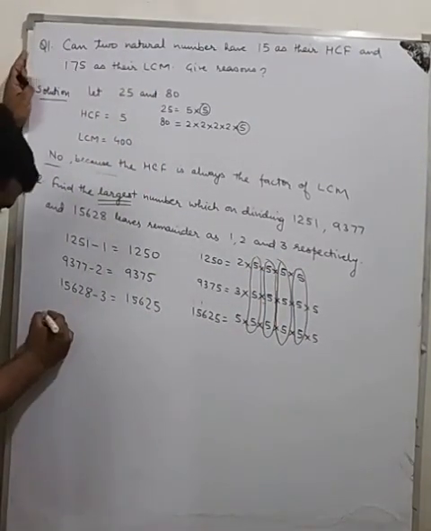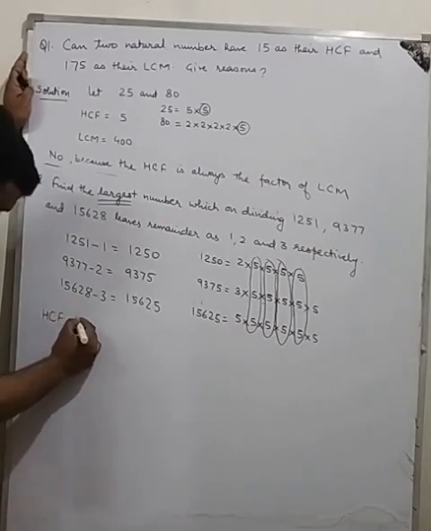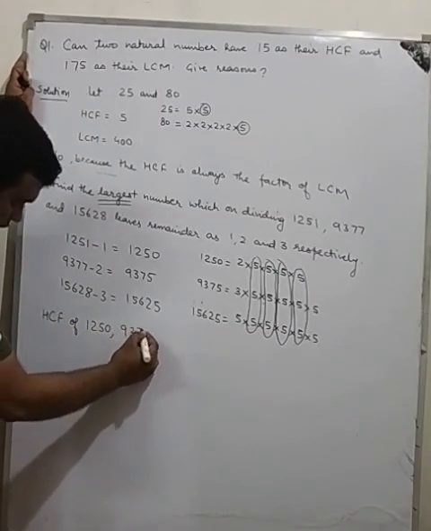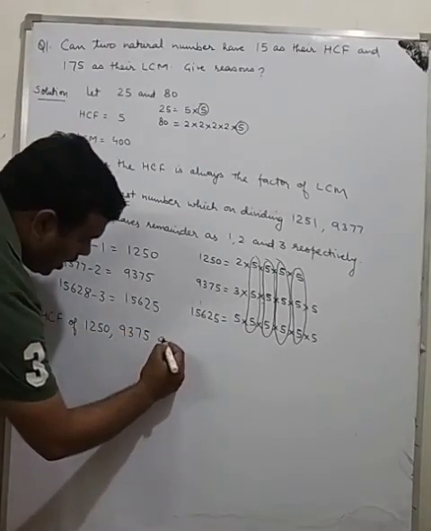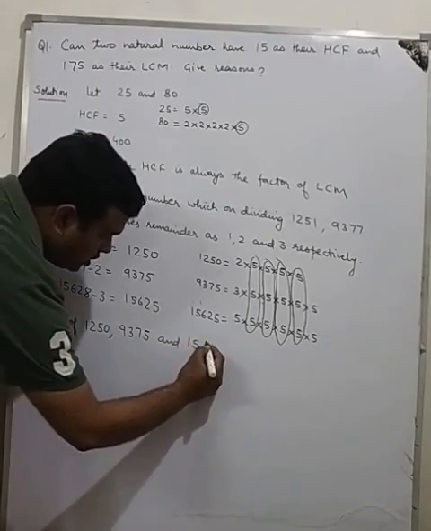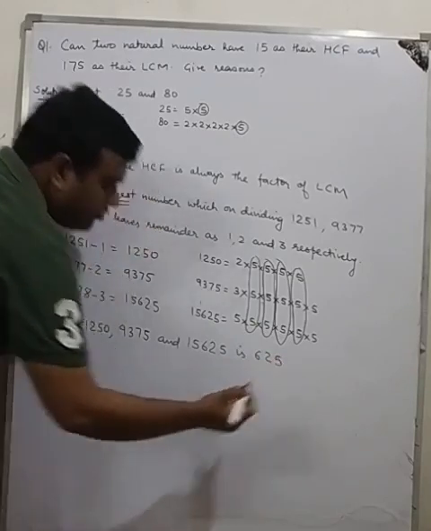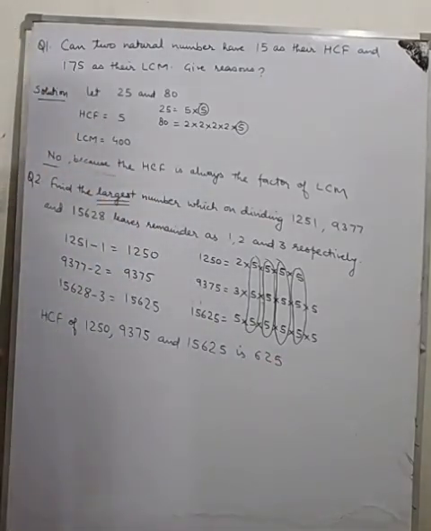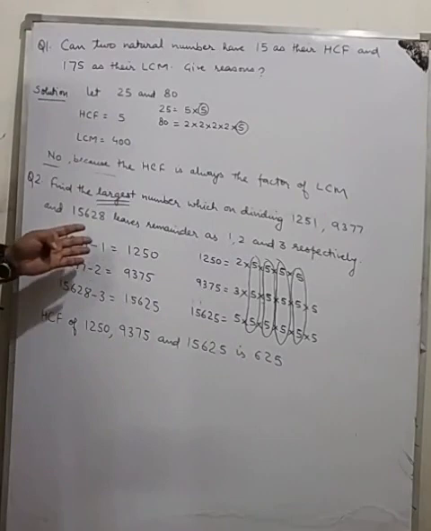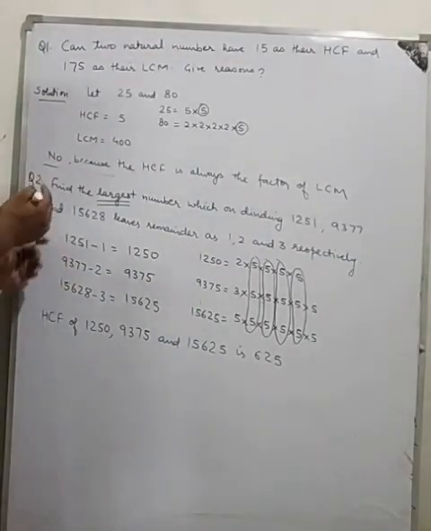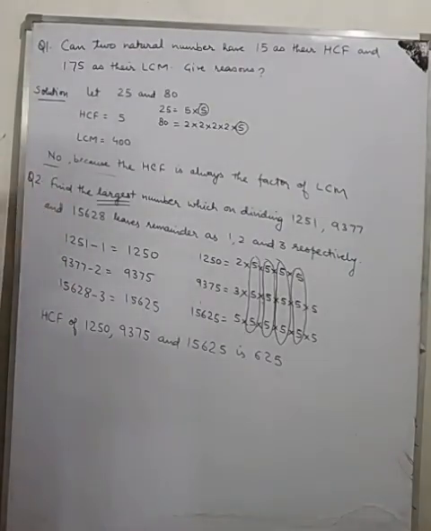So HCF of 1250, 9375 and 15625 is 625. I hope you all will understand the concept, and you will be able to solve similar questions from R.S. Agarwal and R.D. Sharma.